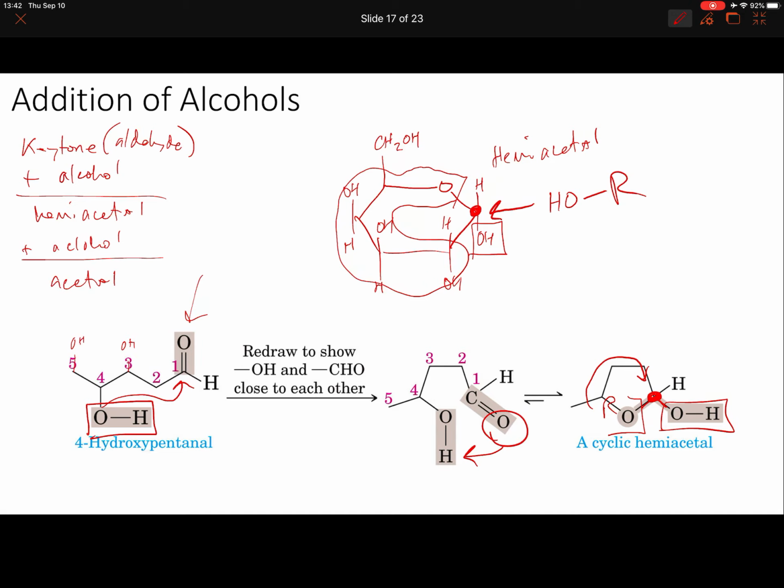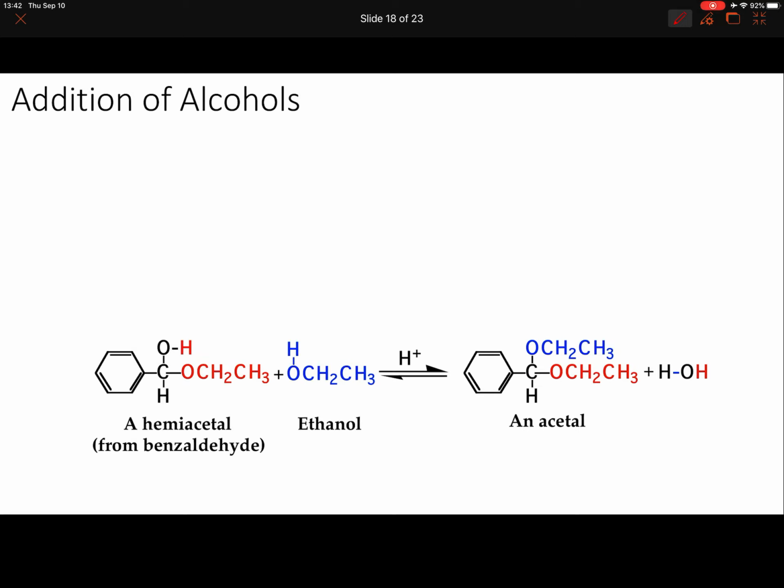So we can add 2 rounds of alcohols to these types of molecules. So a hemiacetal will react further with an alcohol to form an acetal plus water. There's a dehydration synthesis here, so a water molecule is ultimately lost in the connecting of these 2 new molecules.